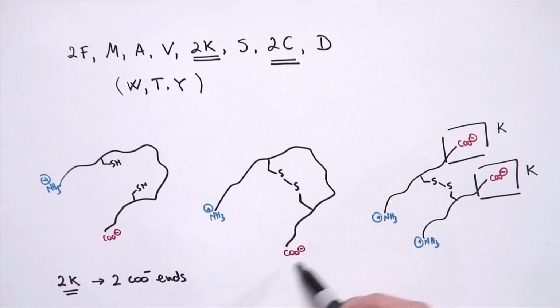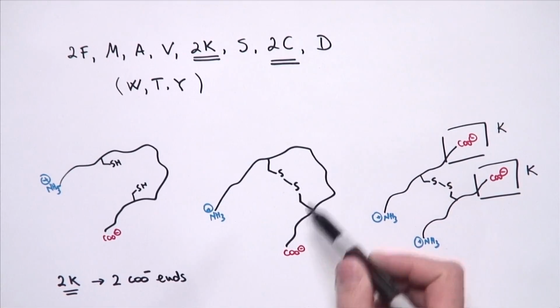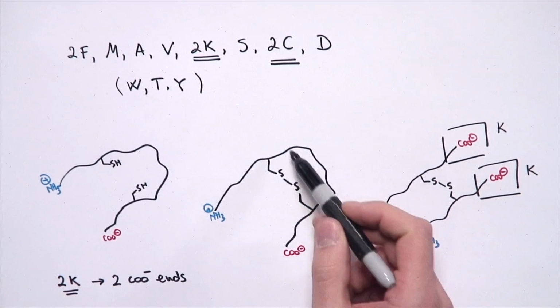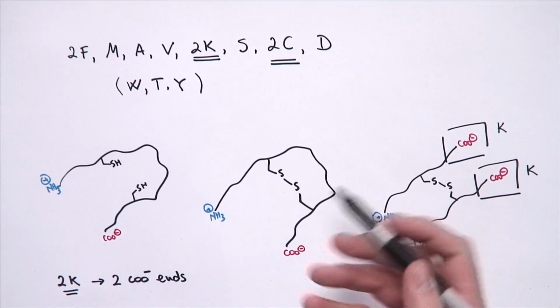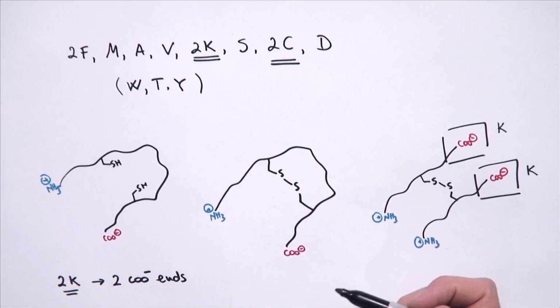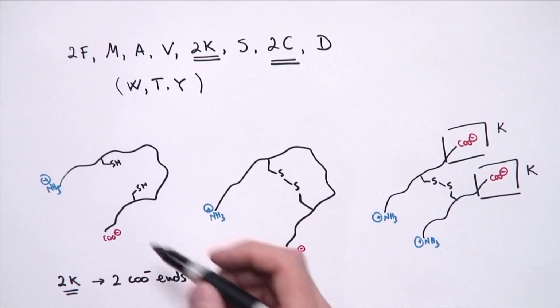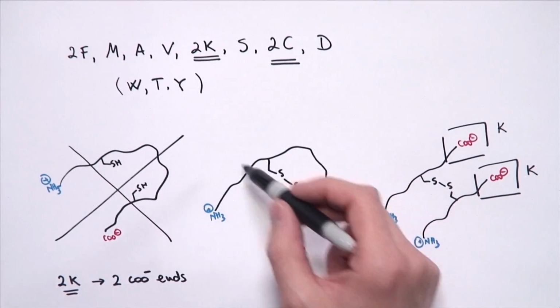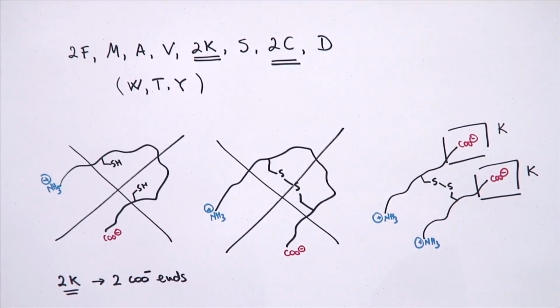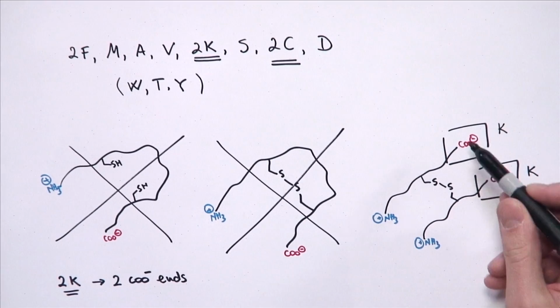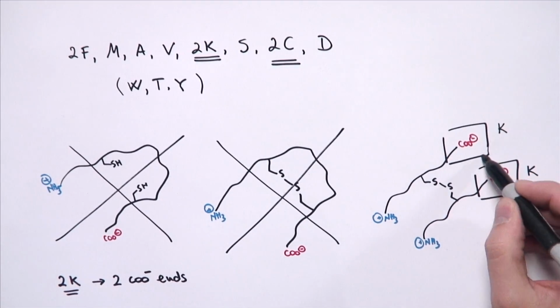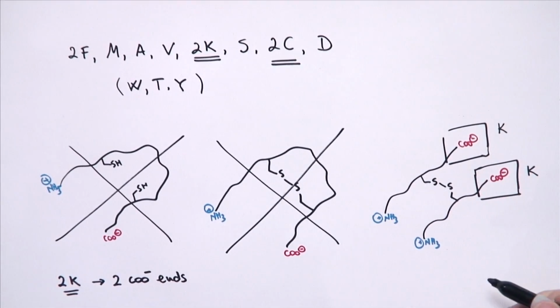This possibility only has 1 carboxy end, so the other lysine that we have to place will not be at the end, so will not be compatible with the trypsin digest. Same applies for this case. So these possibilities are not consistent with our data. So we know already that our protein must look like this: 2 polypeptide chains, each one ends with a lysine, and there must be a disulfide bridge.